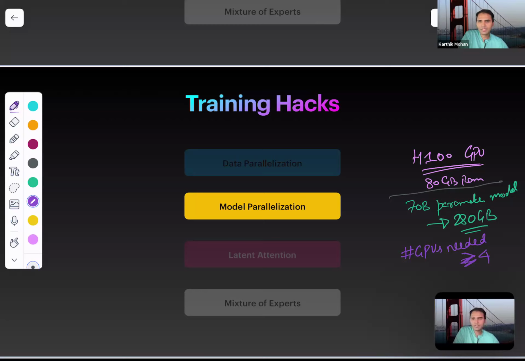Transformers provide us a way to do that because transformers have different blocks, so you can assign different blocks of parameters to different GPUs and say, okay, now it's your turn to update your parameters, and now it's your turn, and so on. With every batch of data, different GPUs will update their parameters based on who's holding what parameters. That is model parallelization because you're parallelizing the parameters.